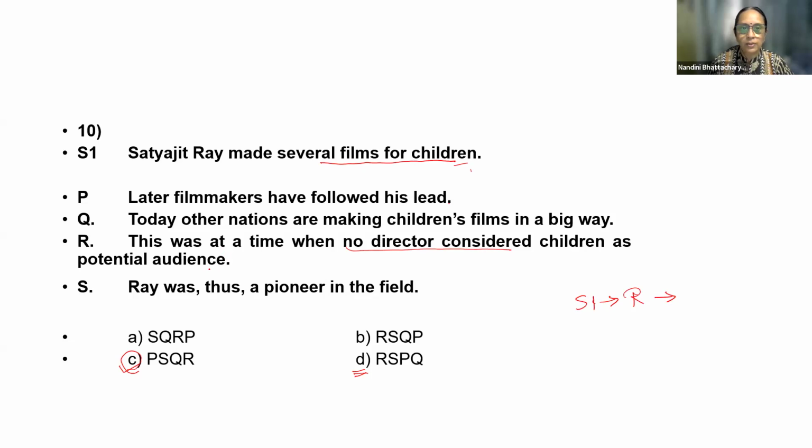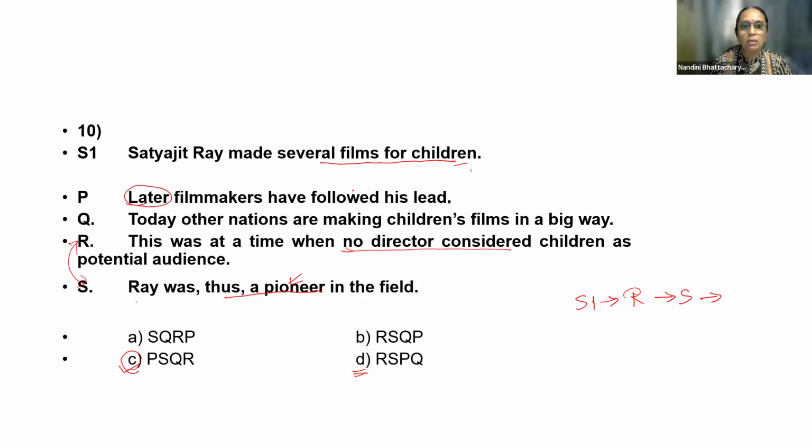Now, what comes after R? Then Ray was thus a pioneer. So nobody else did it. He was the first one to do it. So he was a pioneer. Right? So S comes after that. So now R and S go together. What goes with S? He was a pioneer.